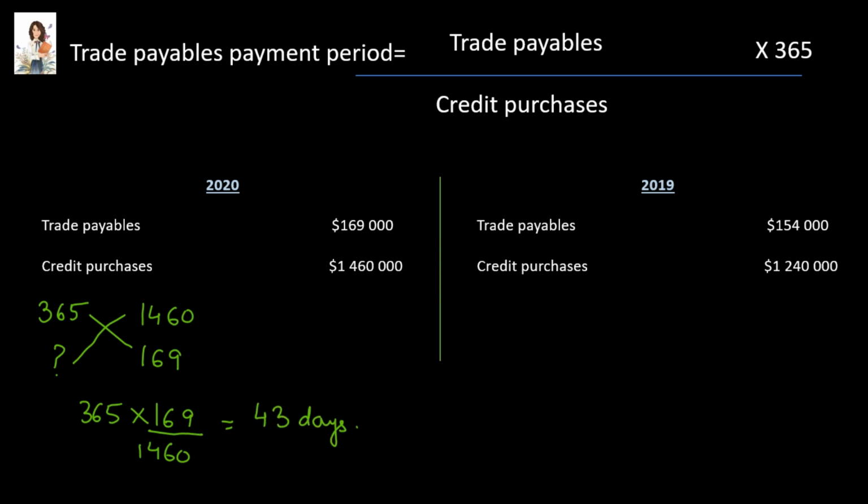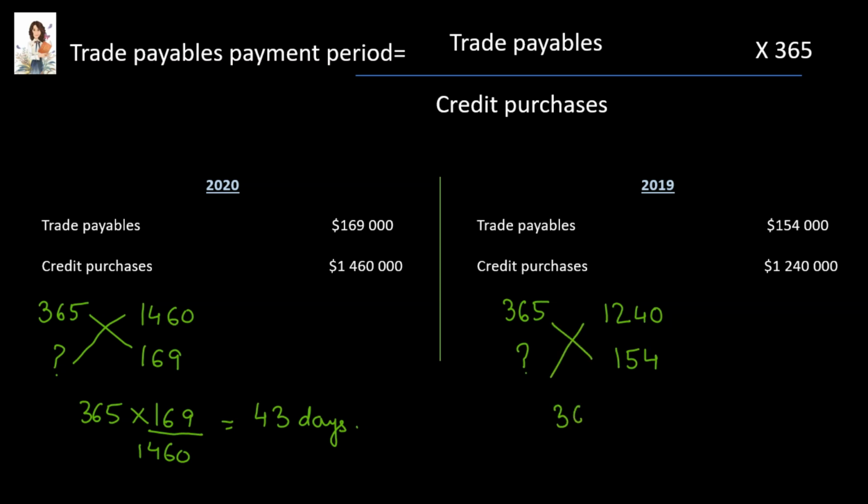Similarly, in 2019, in 365 days, the company paid for $1240 of purchases. So, in how many days will the company be able to pay for $154 of purchases? So, we will cross multiply.